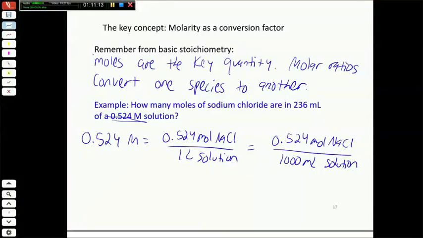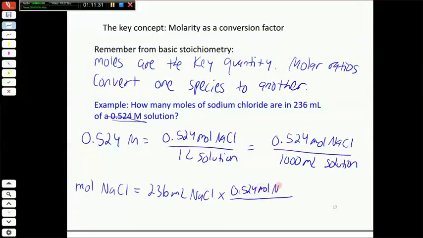So in this example here then, if we want to find the moles of sodium chloride in this solution, we start with a given volume of 236 milliliters of that solution, and then we just multiply it by the molarity, which is moles per liter, so 0.524 moles of NaCl per 1,000 milliliters.